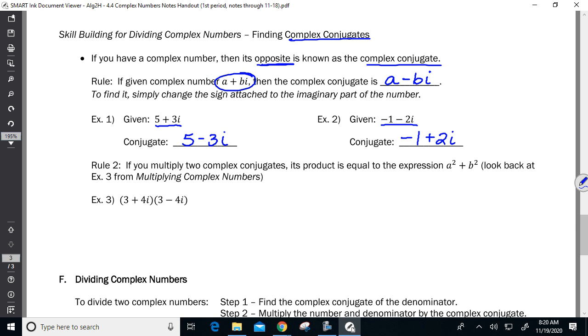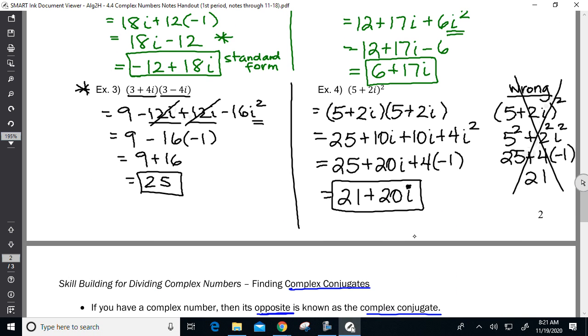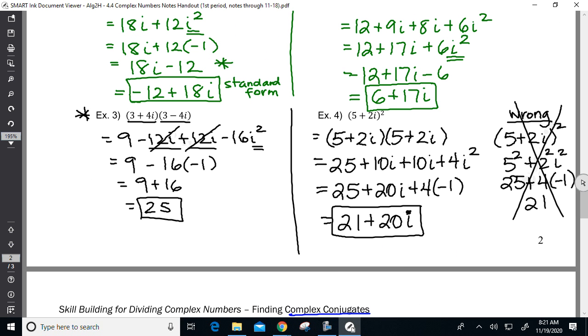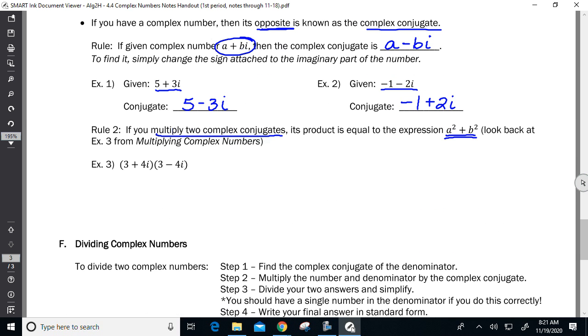Now, if you multiply two complex conjugates together, then the answer you get should be equal to a squared plus b squared. Think back to example 3 when we were multiplying. We got an answer of 25. 3 plus 4i and 3 minus 4i are complex conjugates. I just didn't tell you the formal name of it yet.